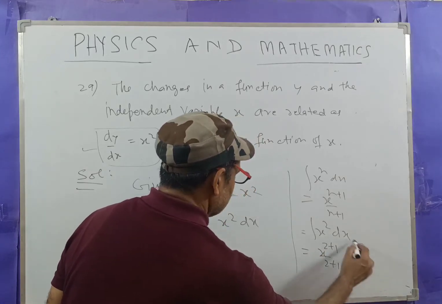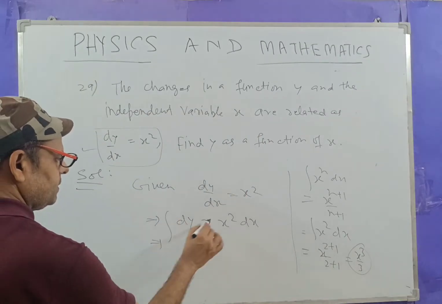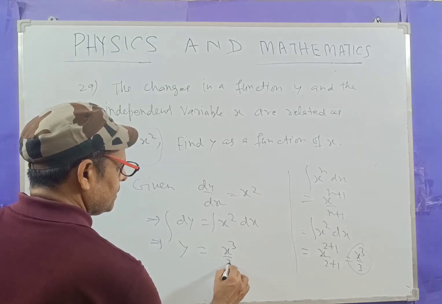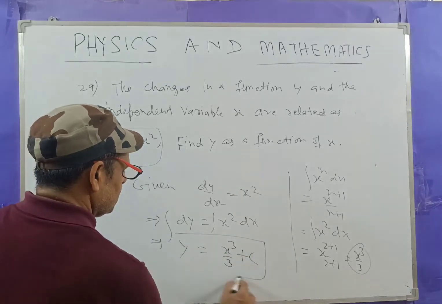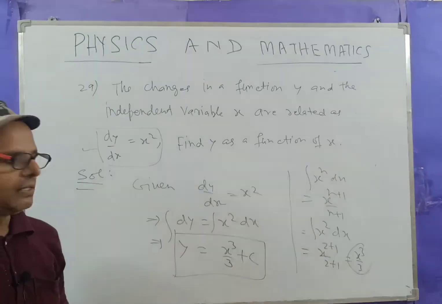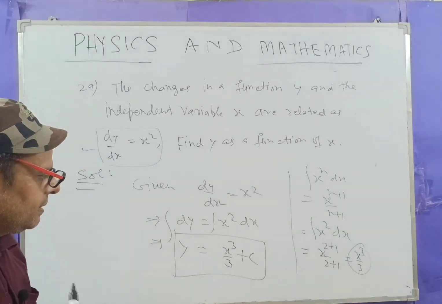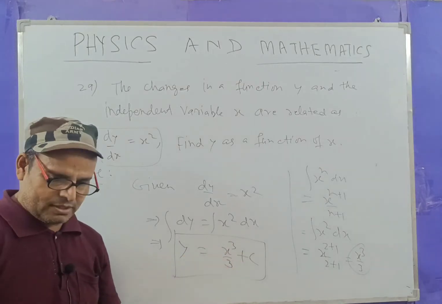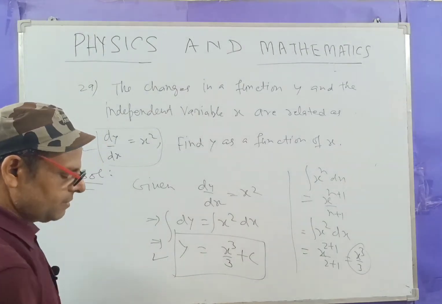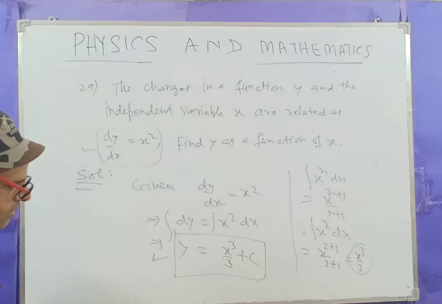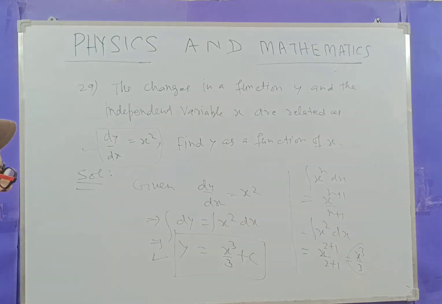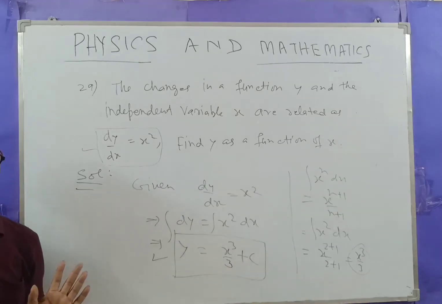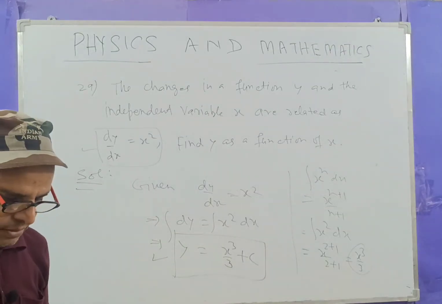So integrating it, y is equal to x cube by 3 plus c, because after integration we add a constant. This is the answer here. y is equal to x cube by 3 plus c. This is purely a question of integration.